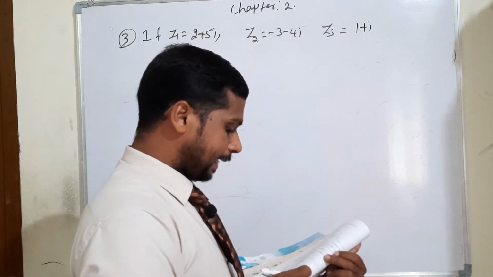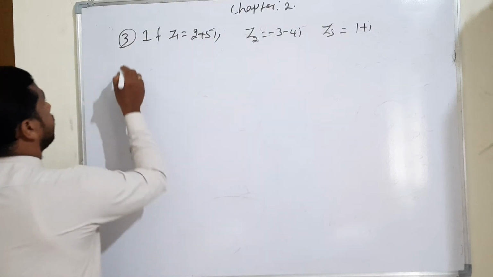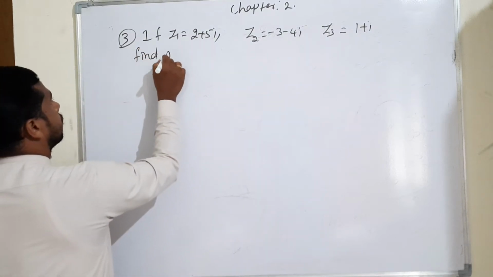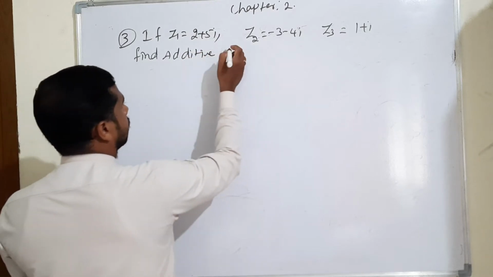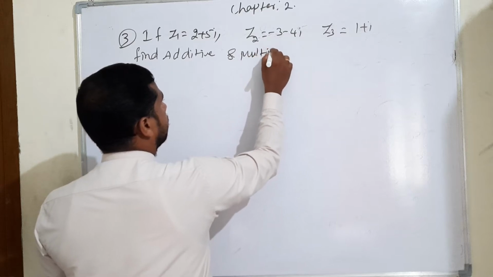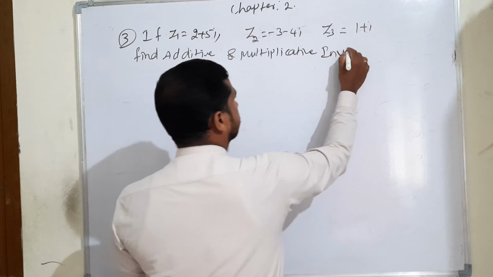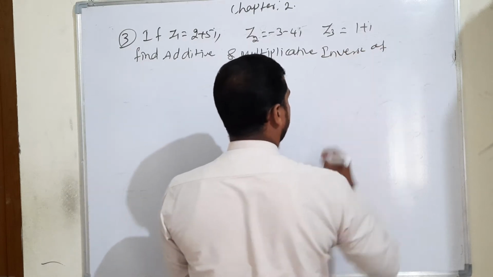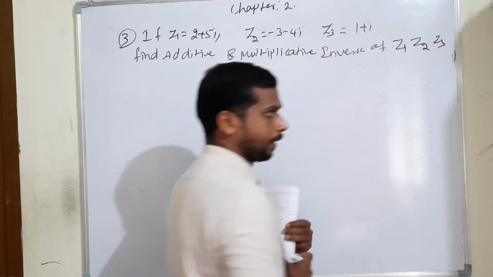Find the additive and multiplicative inverse of z1. One by one we have to find out for z1, z2 and z3.